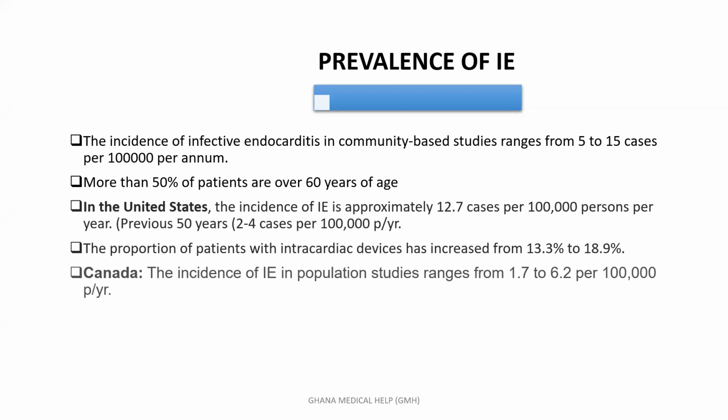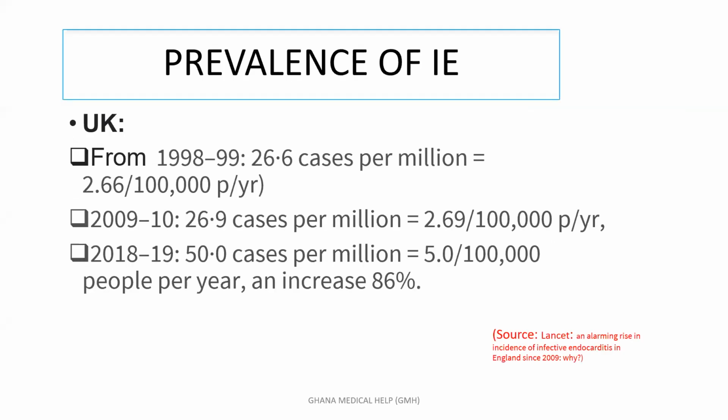In Canada, the incidence of infective endocarditis in population studies ranges from 1.7 to 6.2 per 100,000 persons per year. In the United Kingdom, from 1998 to 1999, the overall rate was 26.6 cases per million, which is 2.66 per 100,000 people per year.